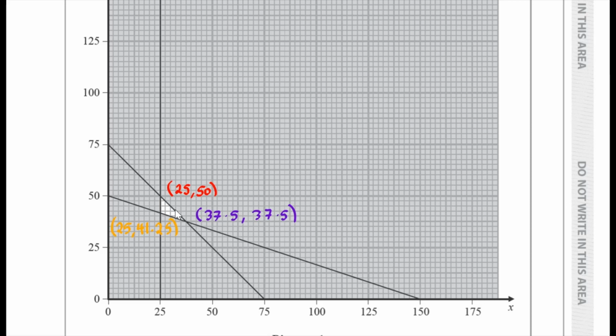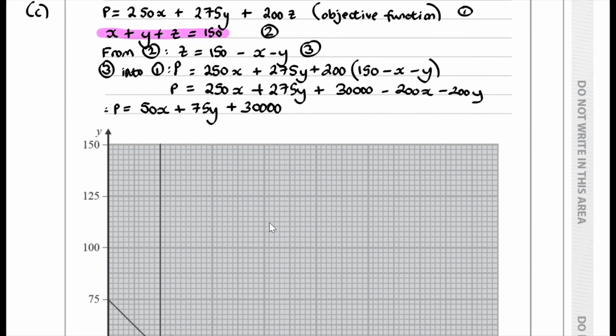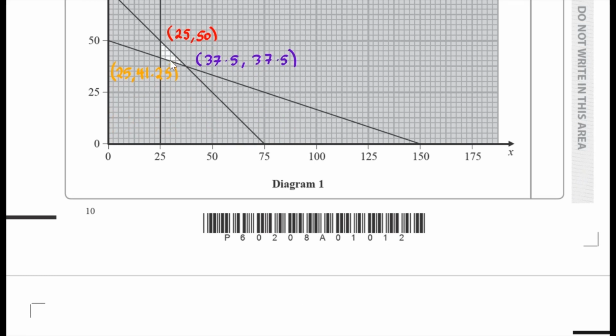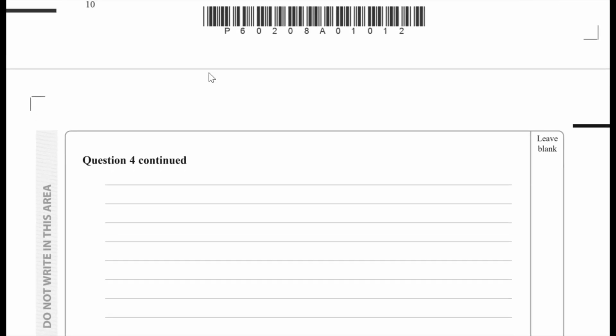And we can substitute these 3 points back into our function for p. So if we first of all consider this point over here, the 25 and the 41.25. First of all, we know that p is equal to 50x plus 75y plus 30,000.